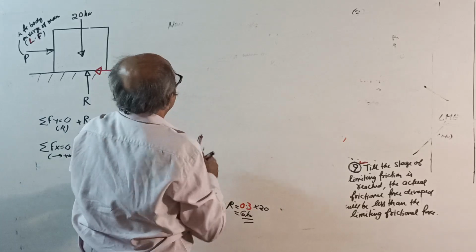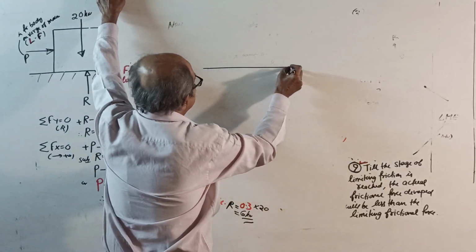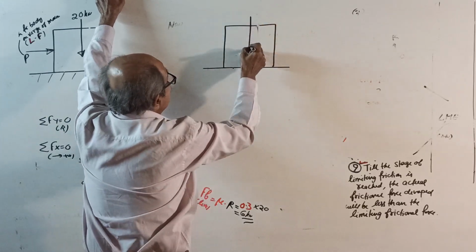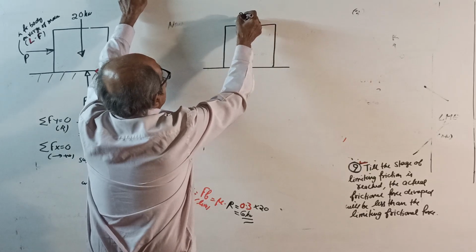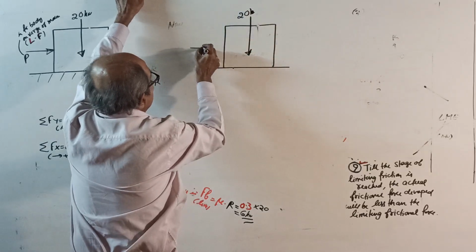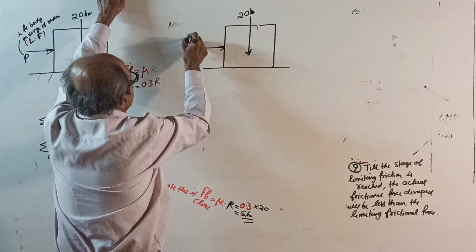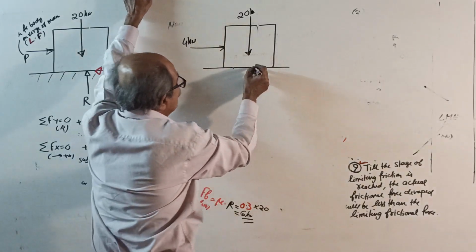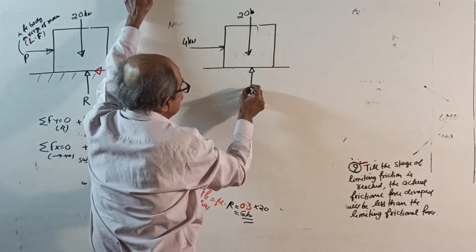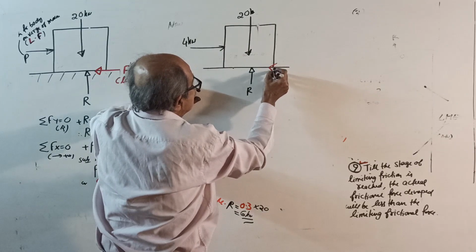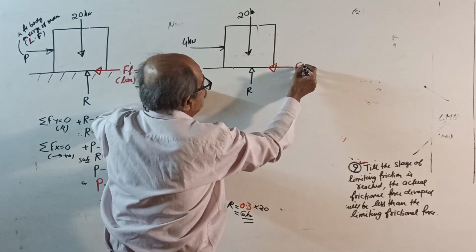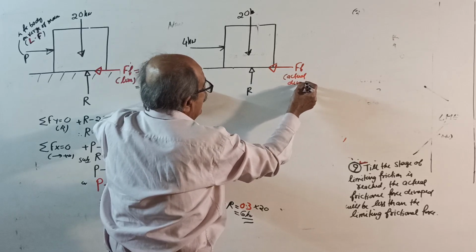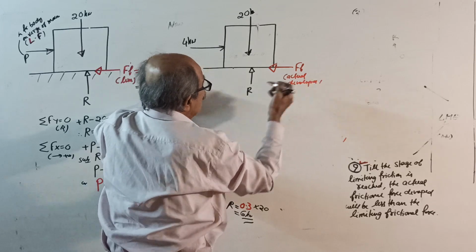Consider the equilibrium. Body weight is 20 kilonewton. You are applying a force of only 4 kilonewton. Actually it becomes 4 only, but don't memorize 4. This is normal reaction R. This is FF actual developed, or simply FF you can call later.